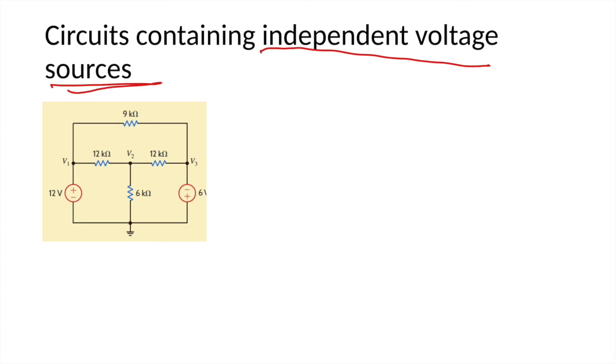The simplest case is that the independent voltage source has one terminal directly connected with the reference node, that is the ground. For example, here, the 12 volt source is connected to the ground.